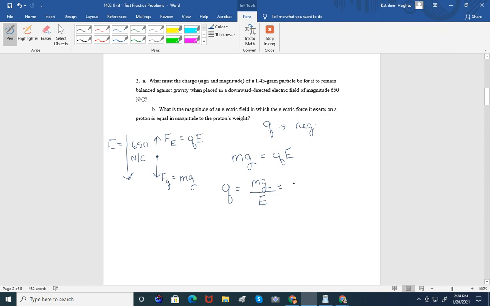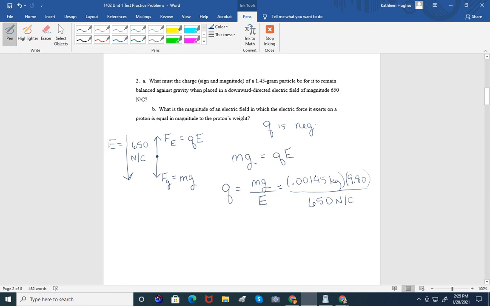1.45 grams is 0.00145 kilograms times 9.80, that's our acceleration due to gravity, divided by the electric field, which is 650 newtons per coulomb.